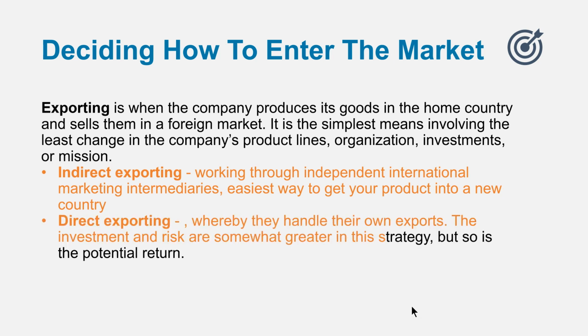Then there's direct exporting, where you're going to handle your own exports. You're going to take on the investment and risk of getting your product inside without necessarily having anybody to help you. It's a really risky strategy, but it's also the biggest potential for profits. So you have to have a balance between both.